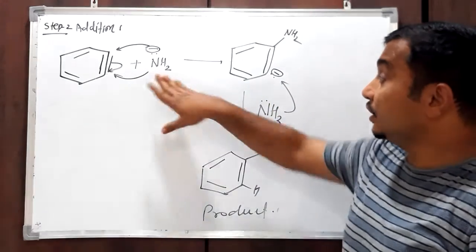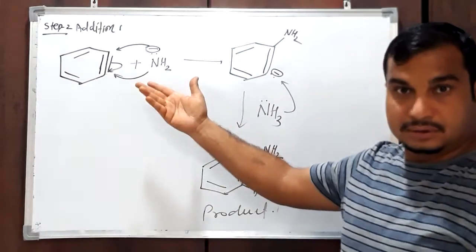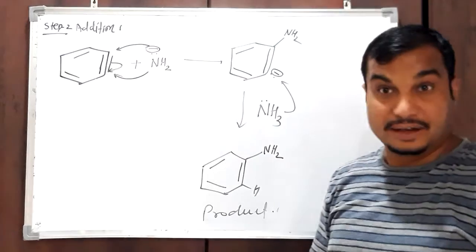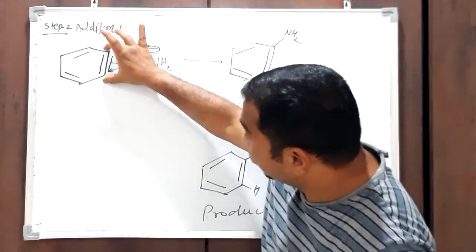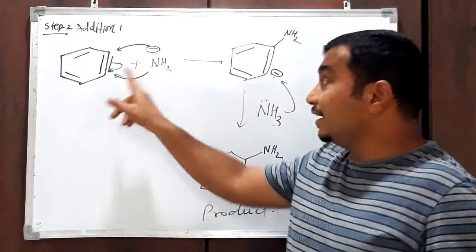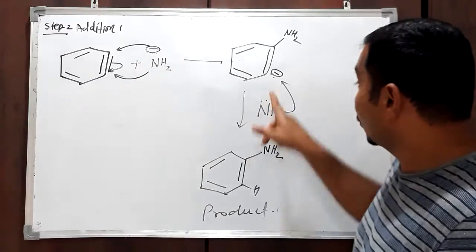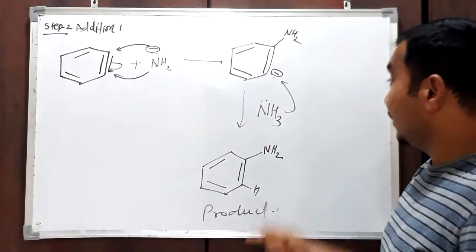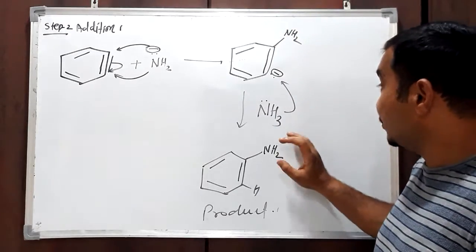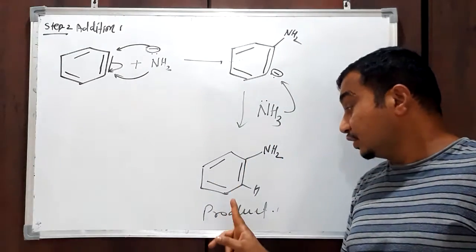In this step, this NH2 minus, the nucleophile, a second species, will attack one of the carbon atoms of the benzyne ring having the carbon-carbon triple bond. These are the two carbons where the triple bond is present, and both carbon atoms are identical. So NH2 gets attached to one of the carbon atoms and produces this negative ion, and then this carbanion abstracts a proton from ammonia and produces this product.